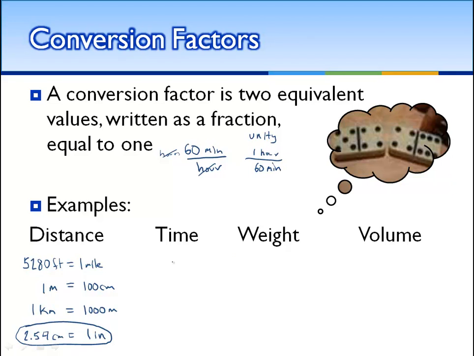Now time, there's lots of units of time. Just as a quick example, there's 24 hours in a day, there's 7 days in a week, 365 days in a year. Lots of different ones that you probably already know for that one. For weight, there are 2,000 pounds in a ton.